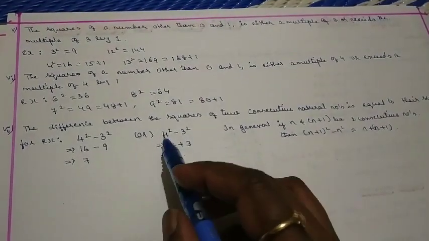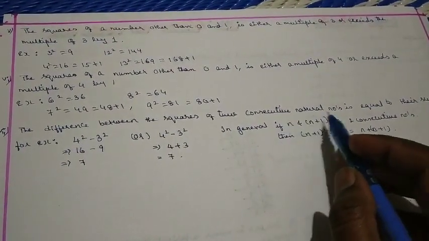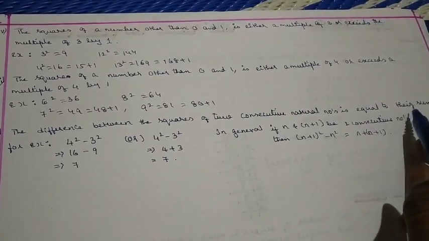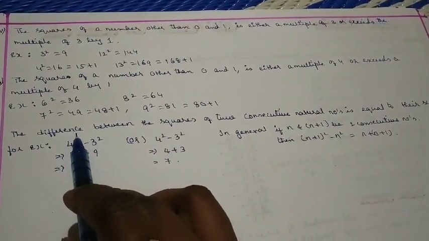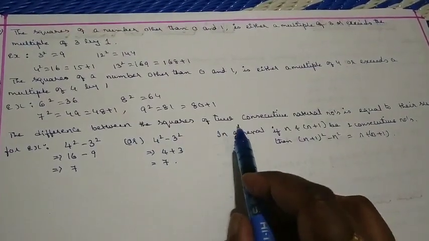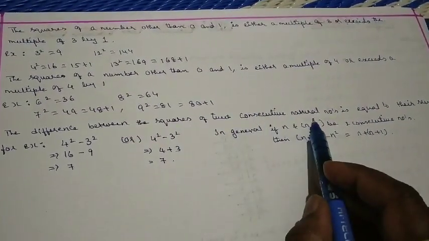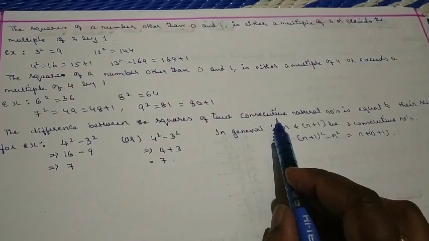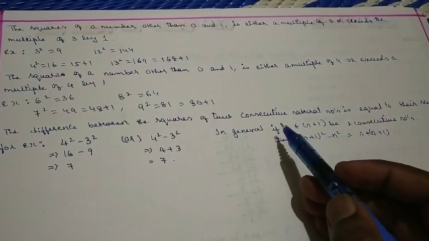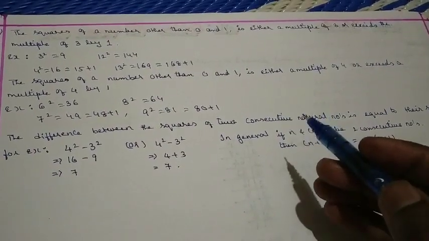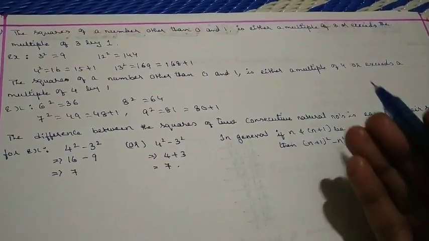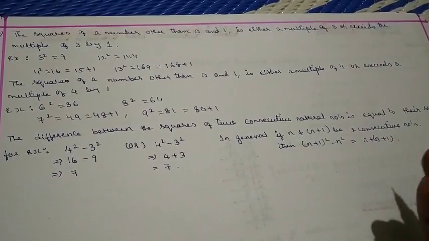The difference between the squares of two consecutive natural numbers is equal to their sum. The difference is nothing but the subtraction between the squares of two consecutive natural numbers. Consecutive natural numbers are nothing but continuous numbers. Suppose I take the number 3, then the consecutive for 3 can be preceding or succeeding.